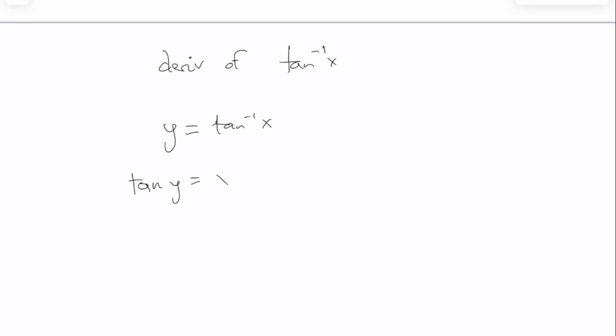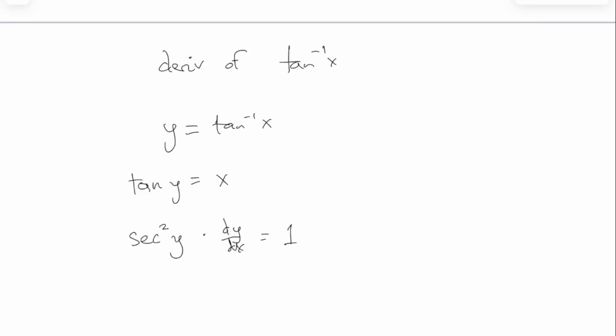Tan y equals x. Take the derivative on both sides. Anyone remember what the derivative of tan is? This is a lesser known one, but I'm sure somebody knows. Secant squared. Yes, so this is secant squared of y times dy/dx.